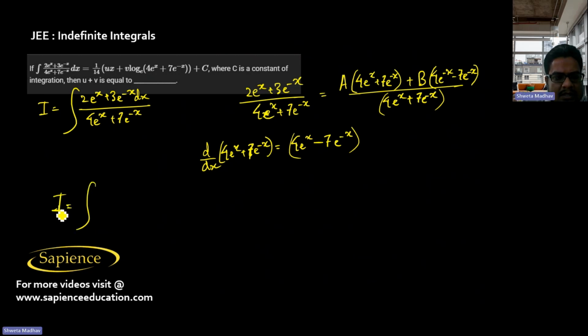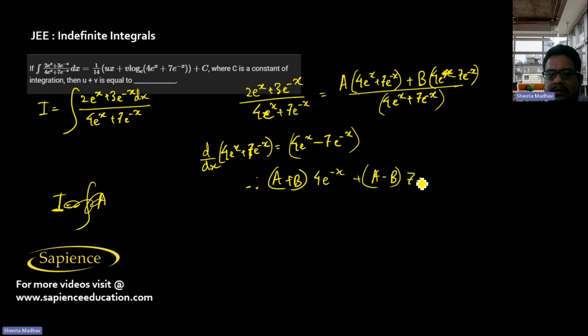So then this is the integral. Yes, so therefore, if we compare the coefficients, then we will get a plus b into 4, okay, a plus b into 4 e power x plus a minus b into 7 e power minus x, that is equal to 2 e power x plus 3 e power minus x.